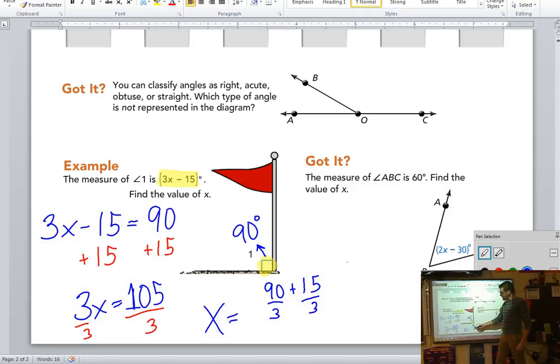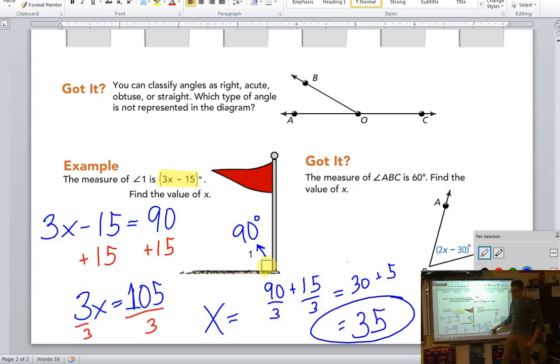If I did 90 divided by 3, that would give me 30. If I did 15 divided by 3, that would give me 5. So that tells me that this together is 35. So x would solve out to be 35. Try the got it on your own. Pause the video. Come back for your solution.